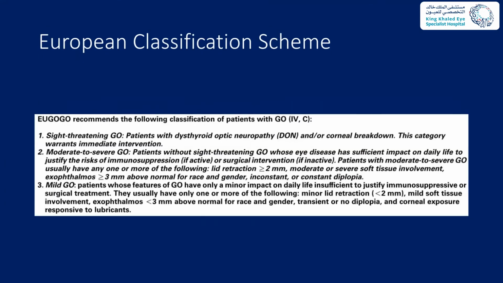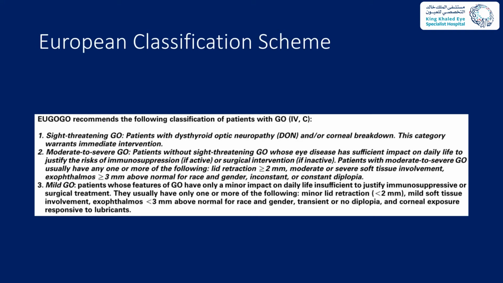There are different classification schemes, and this is the European classification scheme for thyroid eye disease, which involves 3 stages. 1, severe or sight-threatening thyroid eye disease, where there is optic neuropathy or corneal breakdown, warranting immediate intervention.